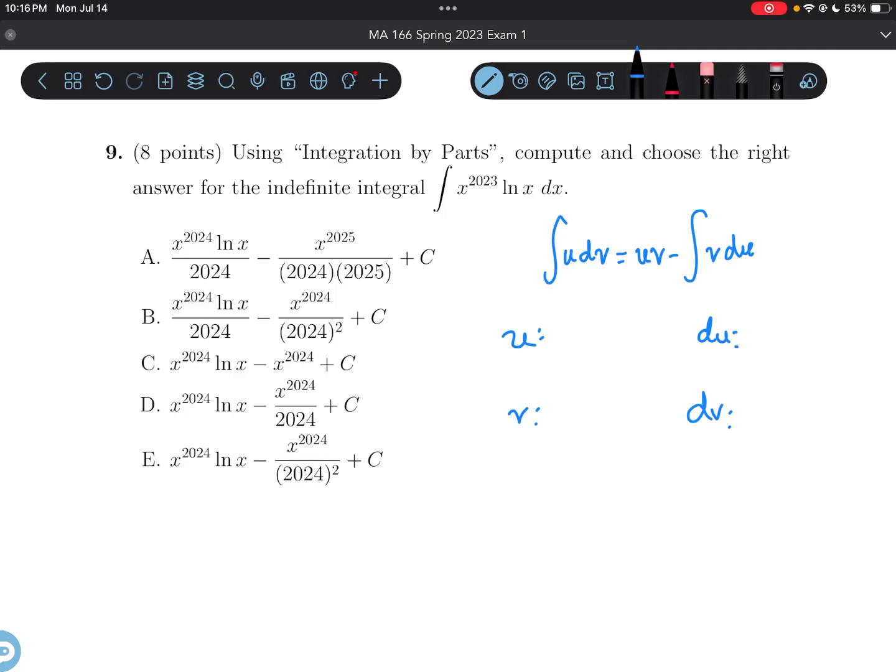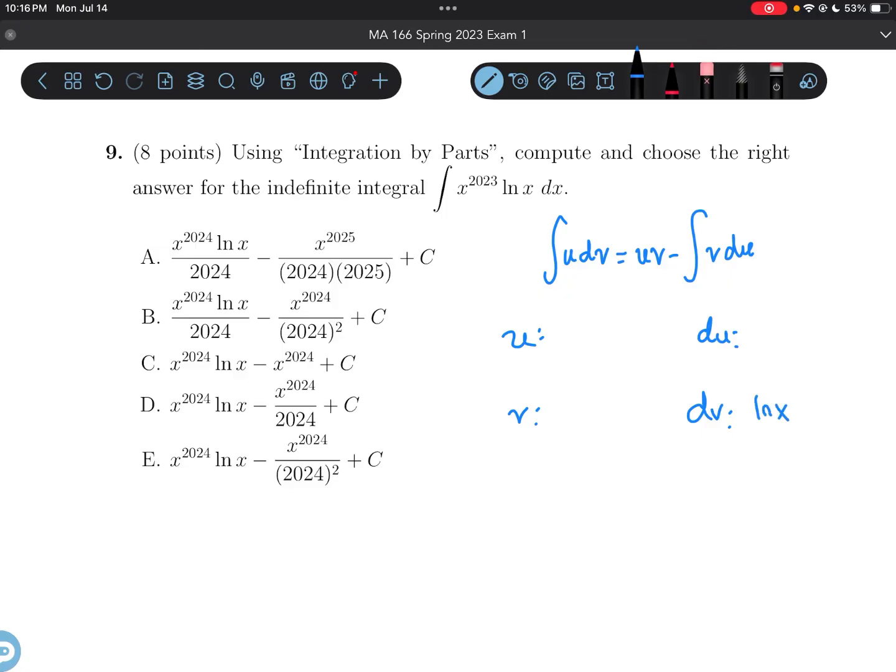So in this case, we want to make u equal to natural log of x. Suppose we did make dv natural log of x.